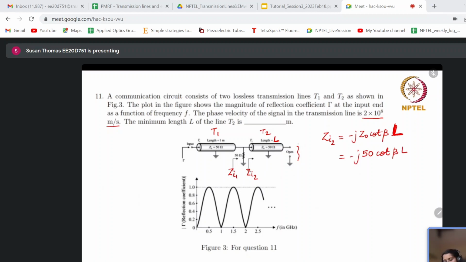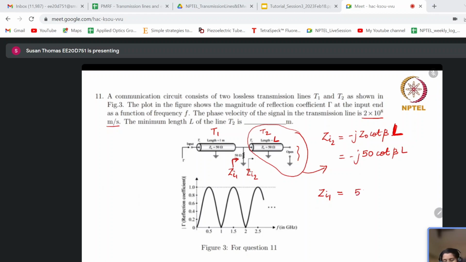So this entire transmission line terminated in open circuit can be replaced by the impedance minus j50 cot beta L. And now that is coming in parallel with 50 ohm. Zi1 is the input impedance looking in this direction.